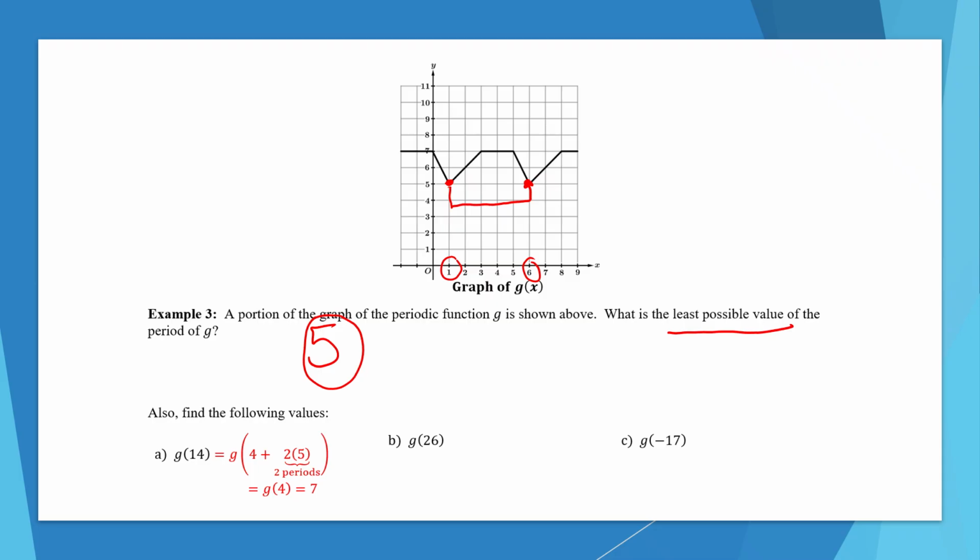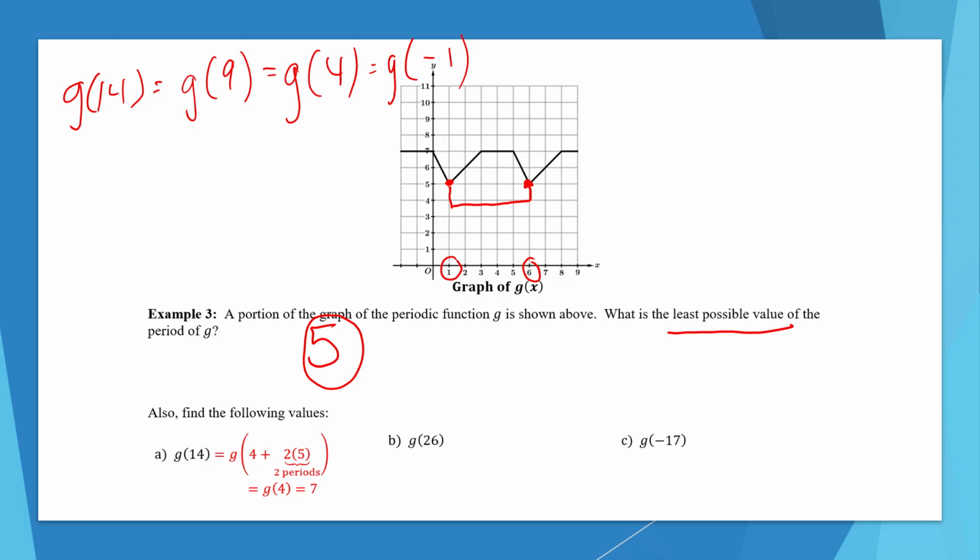So I worked out the first one with you guys: if we are looking for g of 14, right? Obviously that's not on the graph, but what we can do is look at 5 units to the left of 14. So this should be equal to g of 9, should also be equal to g of 4, should be equal to g of negative 1, right? When we know the period is 5.